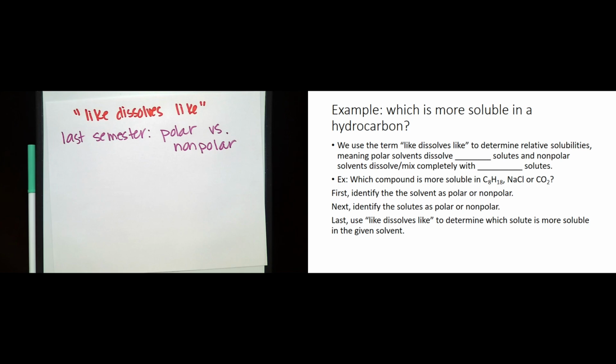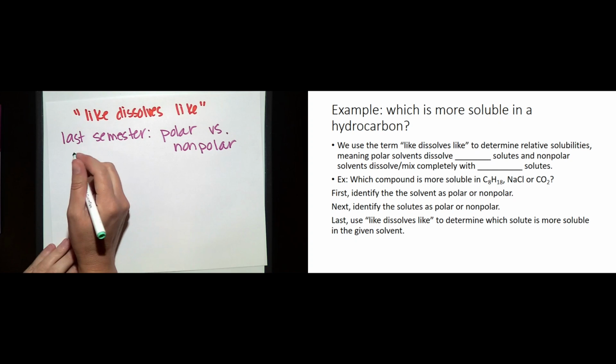Okay, like dissolves like, easy to say, but what does that mean? It's really based on polar and nonpolar. Polar meaning there's a separation of what we call electron density. The electrons in the compound aren't shared completely evenly. Someone is hogging those electrons, so a difference in electronegativity.